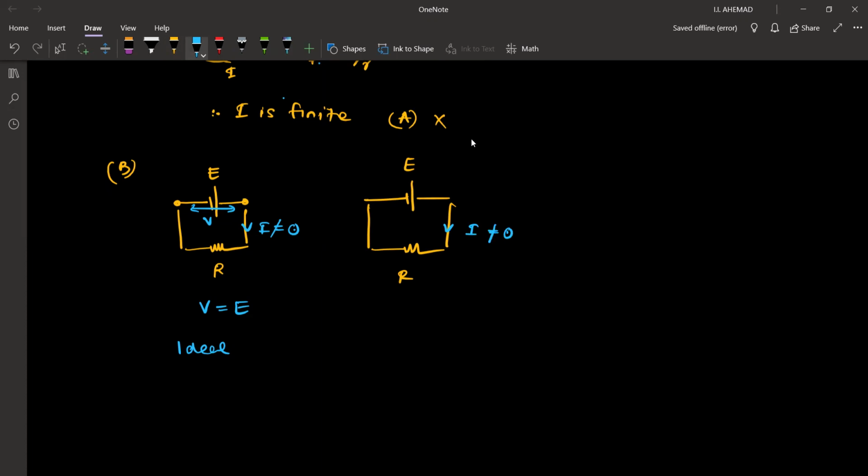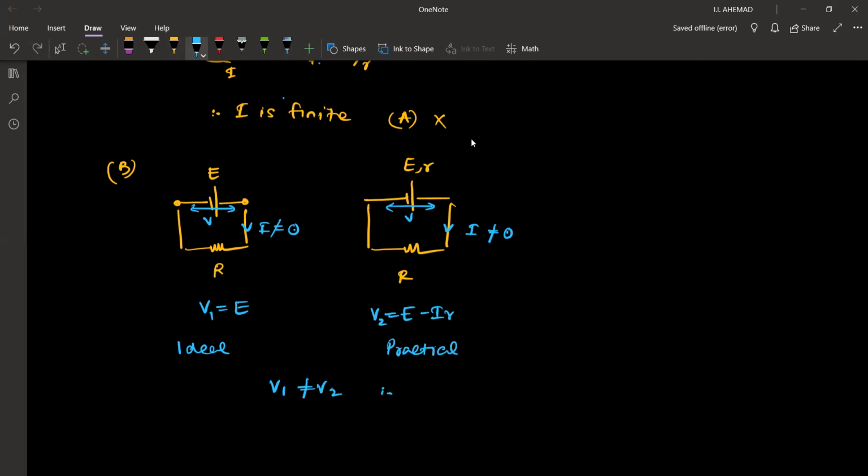Now, this time, we have internal resistance R. So, if we calculate, the terminal voltage V is equal to E minus IR. So I'll consider this one as V1 and this one as V2. So this is the practical cell. So V1 not equal to V2.